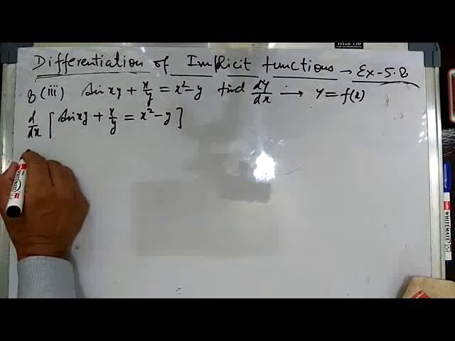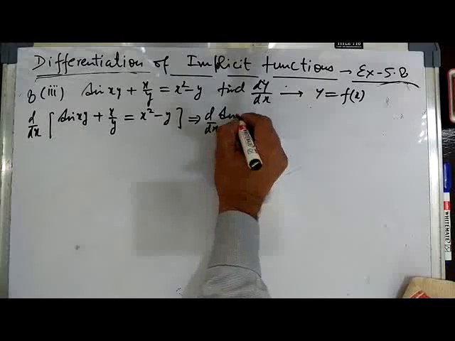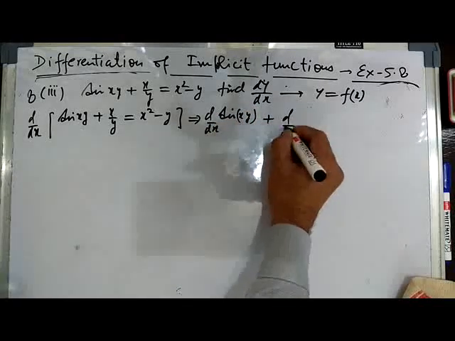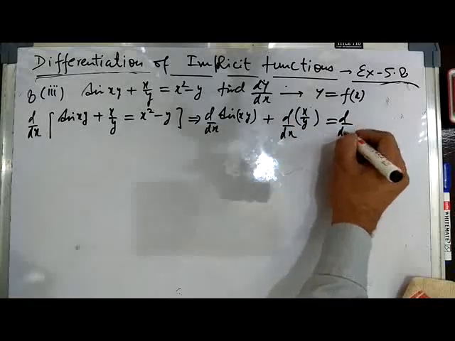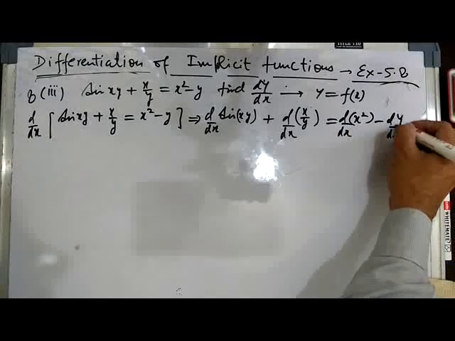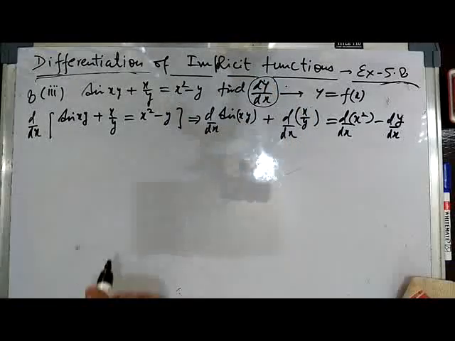So d/dx will go to all the components of this equation separately: d/dx is going over x/y, d/dx is going over x², d/dx is coming over y. So we have to find out what dy/dx is.